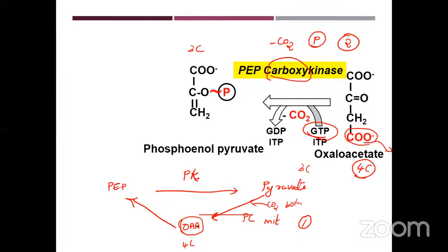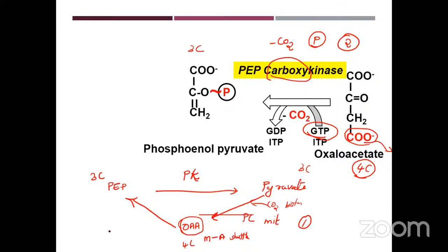It is in the mitochondria, but the rest of the enzymes for gluconeogenesis are seen in the cytoplasm. So oxaloacetate has to reach the cytoplasm. This is achieved with the help of the malate aspartate shuttle. Thus, oxaloacetate has reached the cytoplasm. In the cytoplasm, there is a second enzyme for gluconeogenesis, from 4 carbon to 3 carbon.